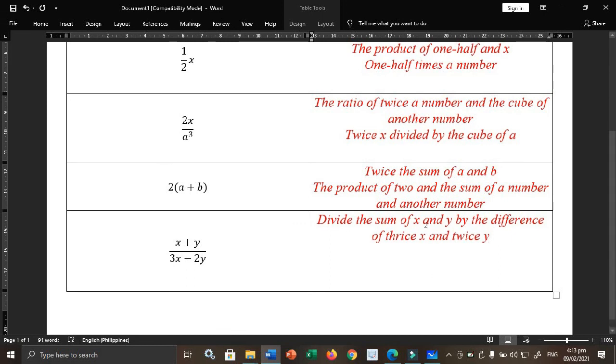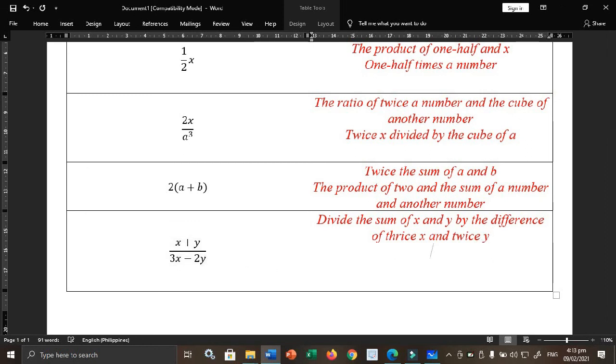So, yan, sinulat natin straight up yung variable. So, divide the sum, kasi we have the plus sign here. So, sum is for addition. Sum of x and y by the difference. Difference is subtraction. Difference of thrice x, kasi we have 3x. And twice y, kasi we have 2y.